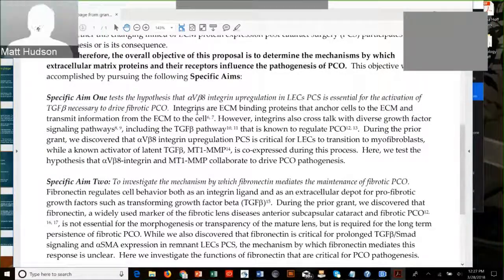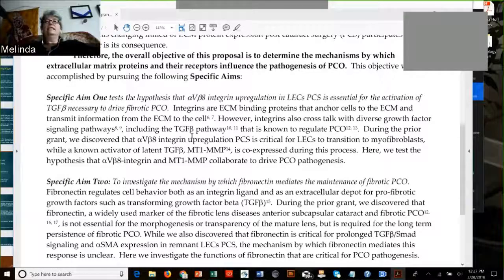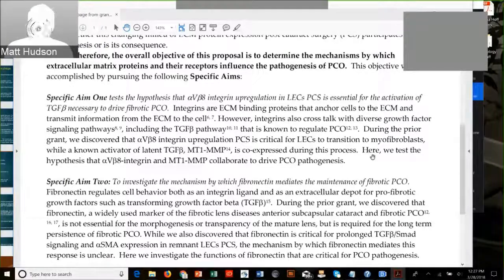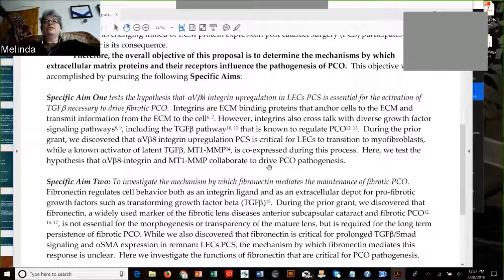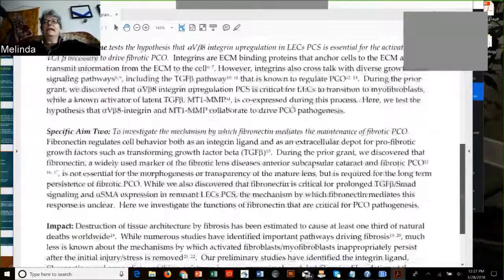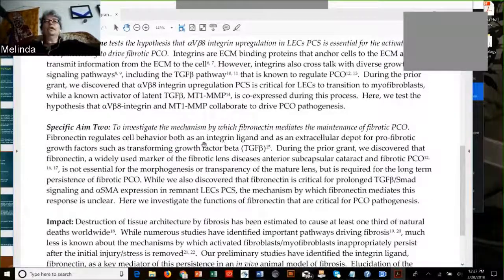And then I set up under this aim the premise. I basically talk about why I think this molecule could affect this disease. So I'm saying that I'm testing this particular hypothesis and why I'm testing it. In my second aim, this is more related directly to a mechanism.